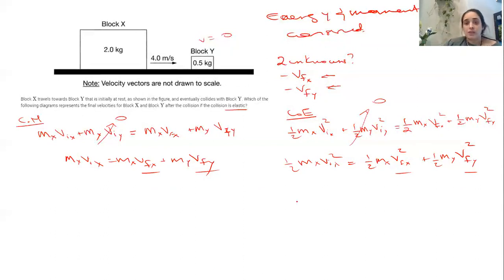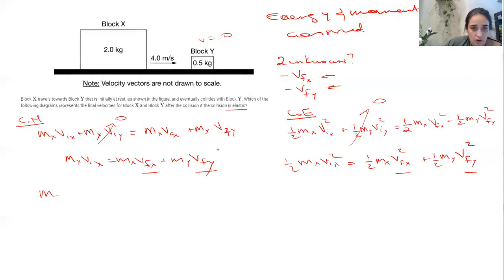So we have to substitute one equation into the other in order to solve for one of these terms. I'm going to use conservation of momentum to solve for the final velocity of y, and then plug it into the energy equation out of simplicity.